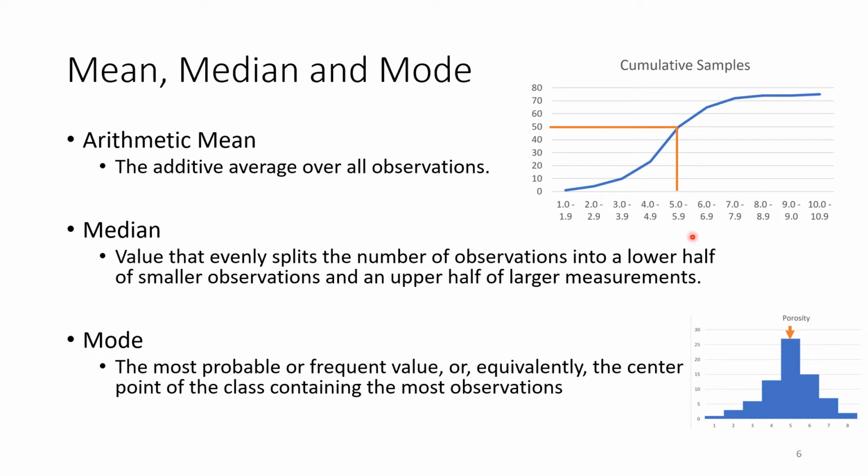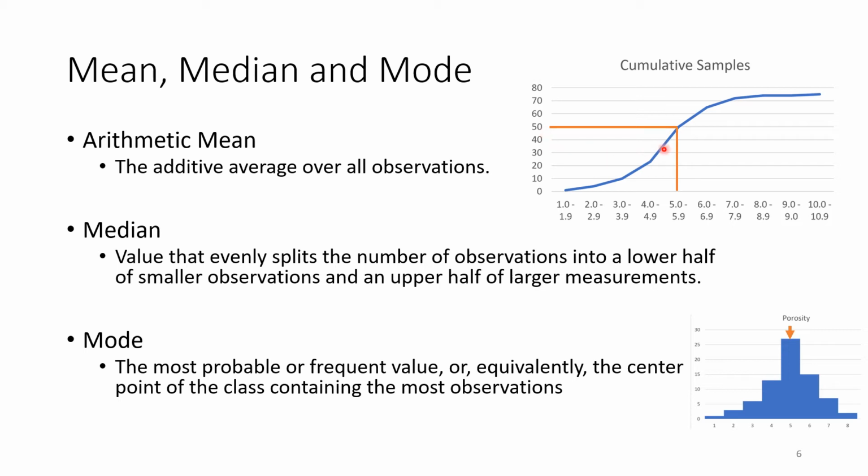We have the median value, which is just simply splitting my number of observations in between, right? So if you have 75 samples, we would have not at the 50, but at the 75 divided by 2, 37 samples.